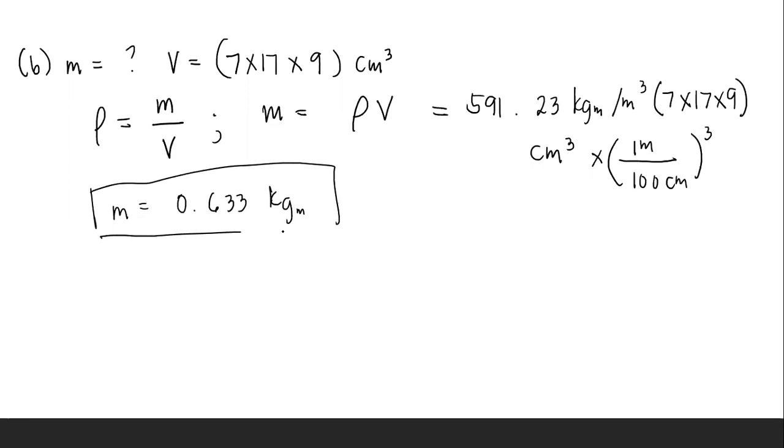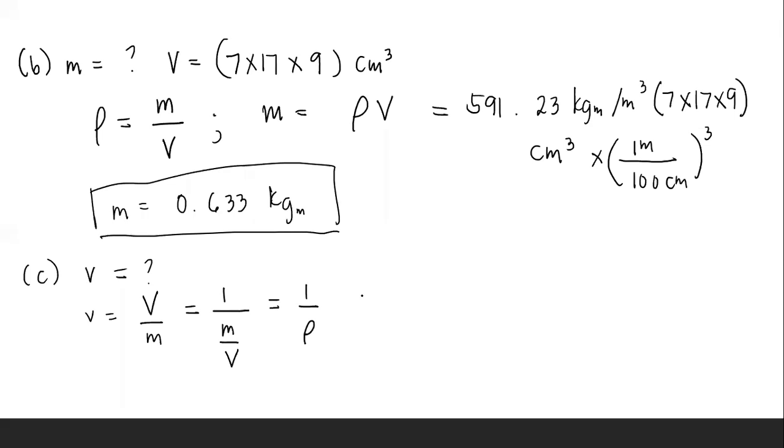Now, for the next, you have to look for the specific volume. The specific volume is volume over the mass. But volume over the mass is also equal to 1 over mass over the volume. But mass over the volume is density. Therefore, this one is 1 over the density, equal to 1 over 591.23 kilogram mass per cubic meter.